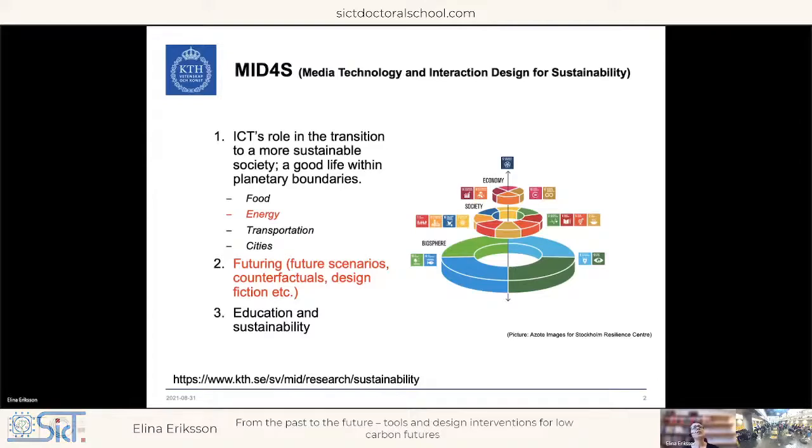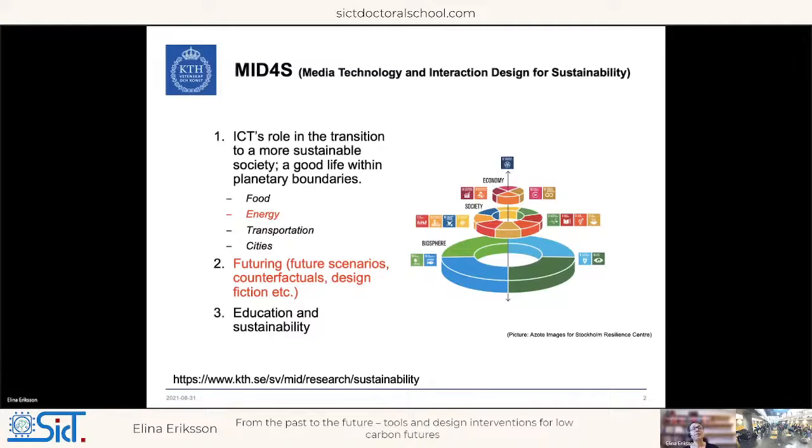So we're interested in working with ICT's role in the transition to a more sustainable society. We're aiming at the good life within planetary boundaries. And most of our studies so far have been around food, energy, transportation, and cities. But this is not excluded to this. And I should also say that for us also social sustainability is quite important. But the majority of the projects are geared toward environmental sustainability.